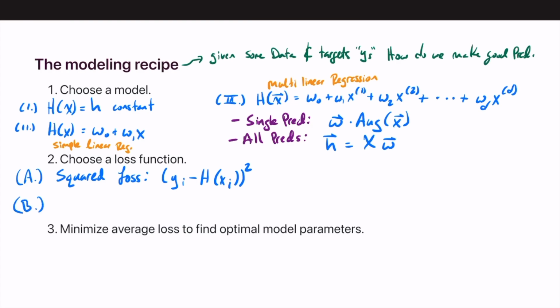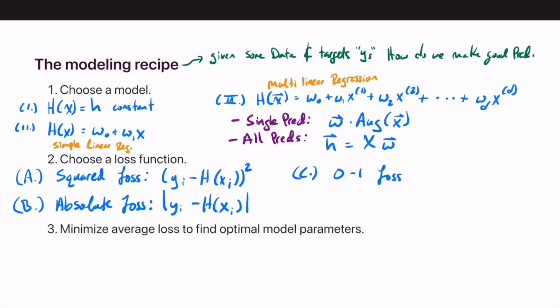We also had this idea of an absolute loss, which was y sub i minus h of x sub i, just with absolute values. We also had our 0,1 loss, and there are several others we've looked over throughout the different homework problems.